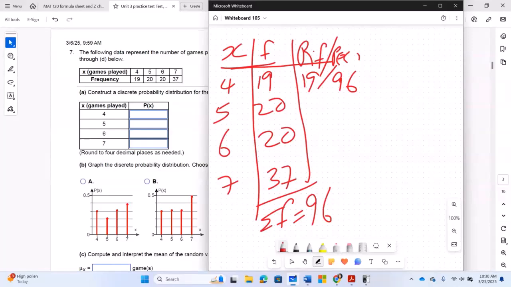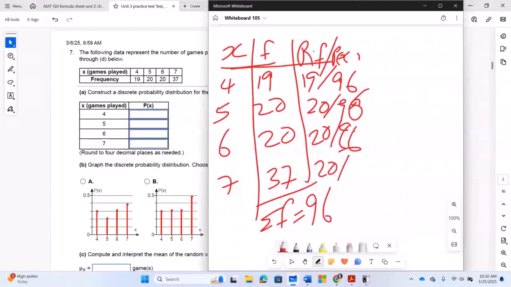Frequency of 5 divided by total frequency. Frequency of 6 divided by total frequency. Frequency of 7 divided by total frequency.